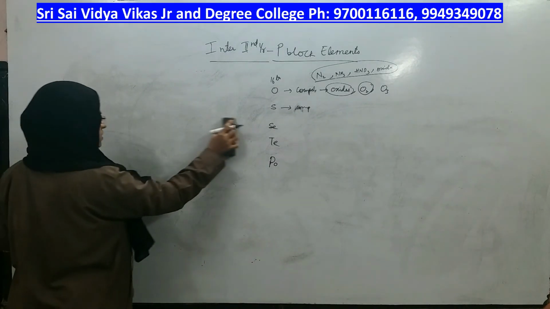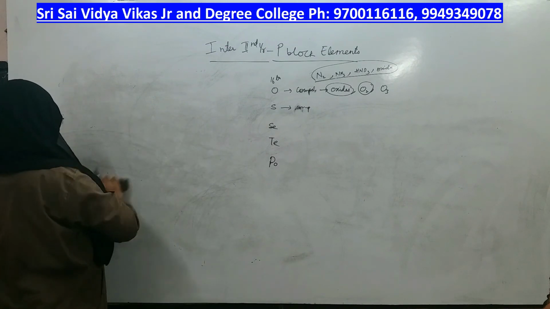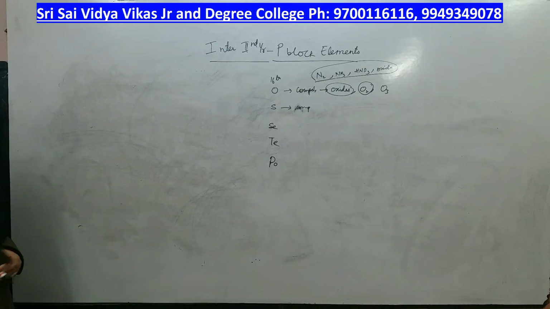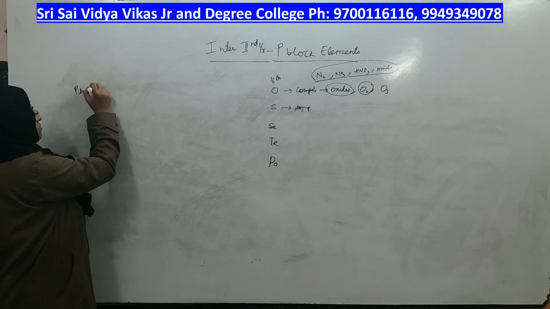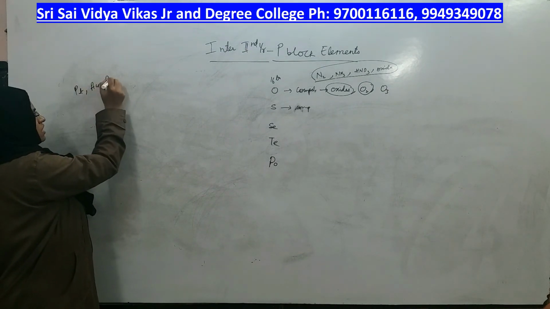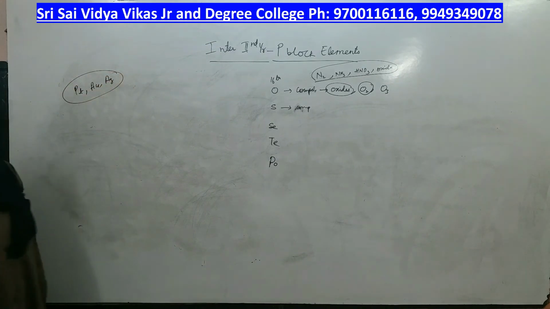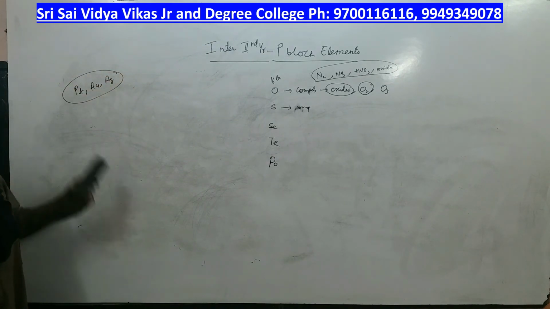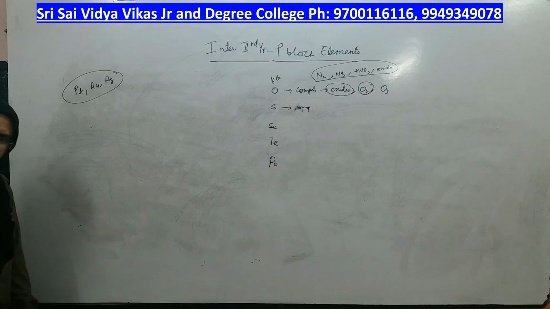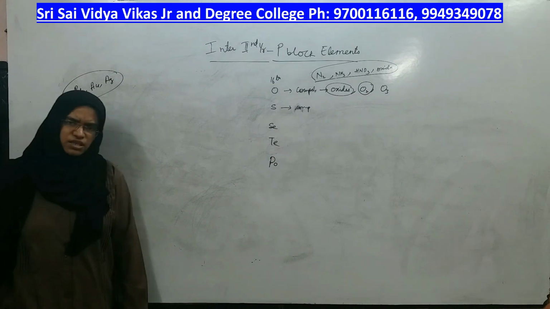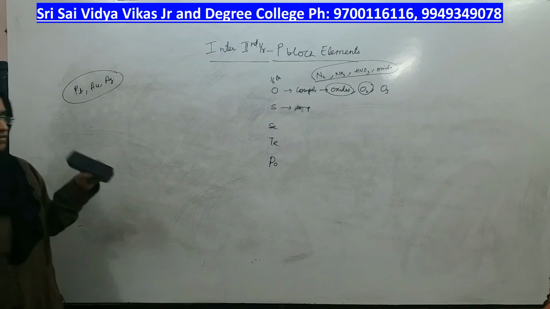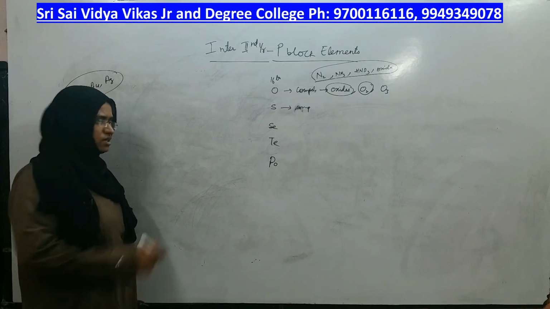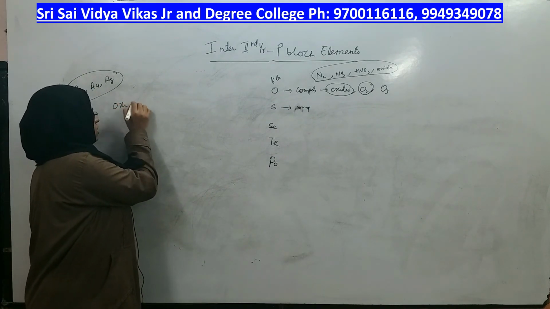Platinum, gold and silver will not easily react with oxygen. Except these, all the elements of the periodic table react with oxygen. So whenever it reacts, what will you get? Oxide you will get. So we will study about oxides.